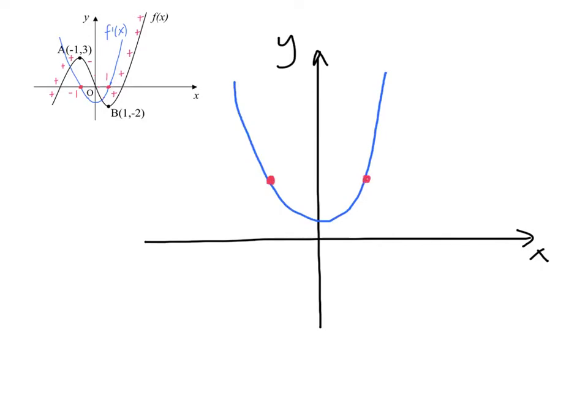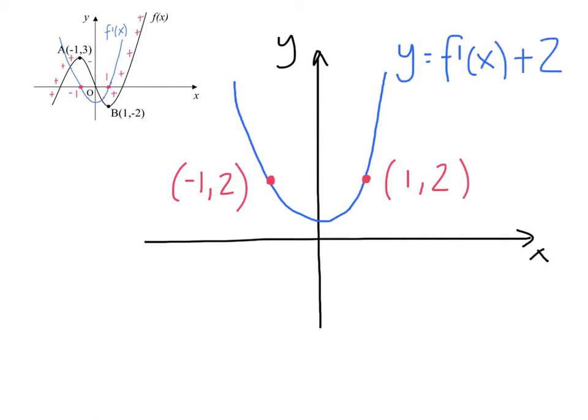So that gives us 2 points here. This one will now be (-1, 2), and this one will be (1, 2). The sketch we have now is the one we're looking for, y equals f dashed of x plus 2. And that's the end of the question.